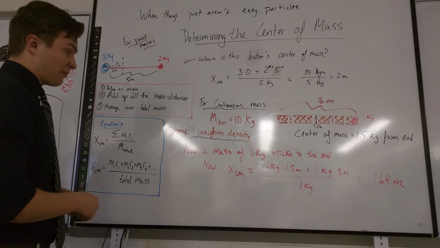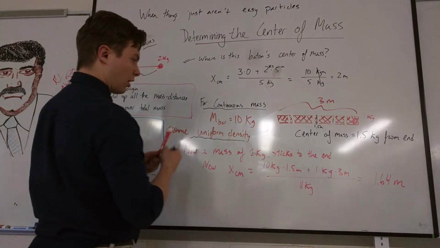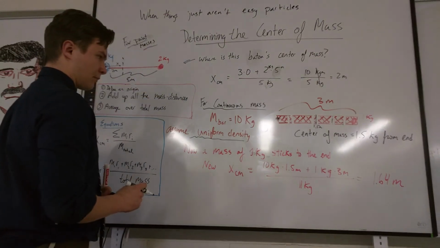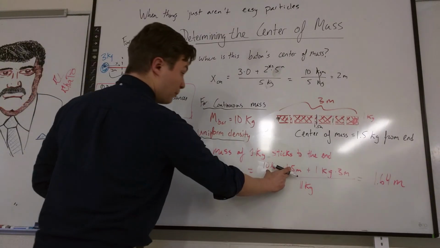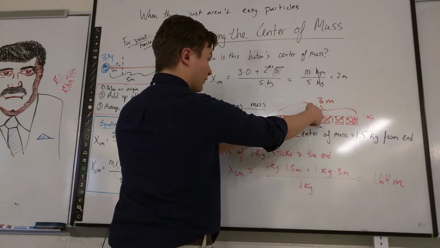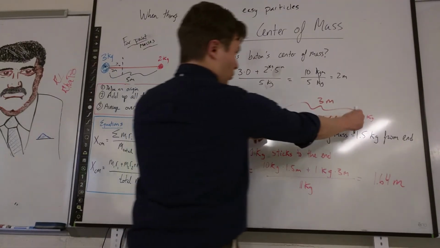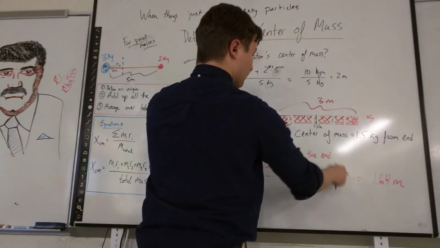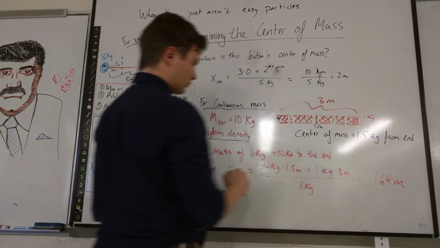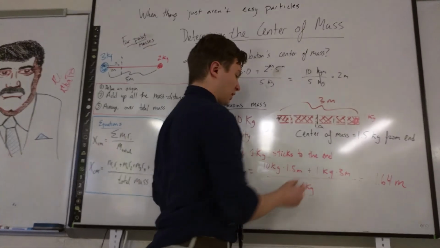So to find the new center of mass, we start with the origin. Let's call it right here. The first bit here, notice that the 10 kilogram bar is multiplied by 1.5 because that's the center of mass of just the bar, plus the 1 kilogram bit of gum times how far it is away from the origin, all divided by the total mass of the system, 10 kilograms plus the 1 kilogram gum.